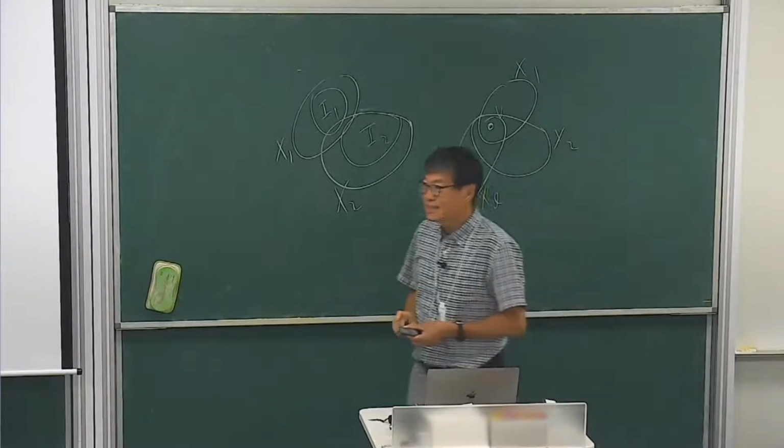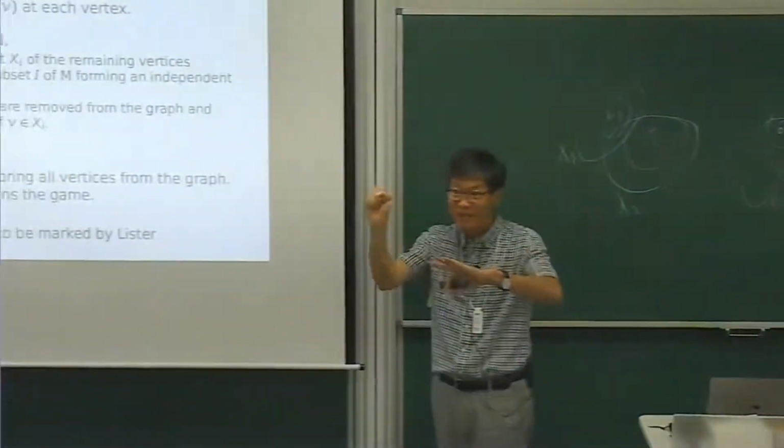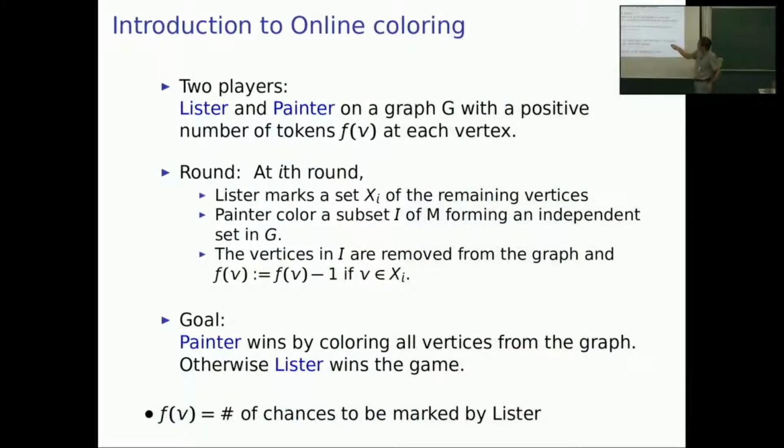So the token means the number of times that the vertex can appear. If the number of tokens is huge, then the chance that the vertex v can be colored is very high, right?